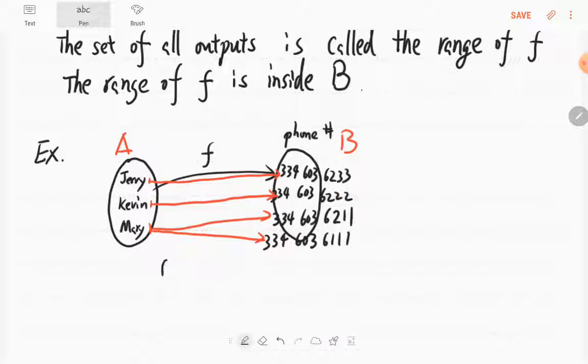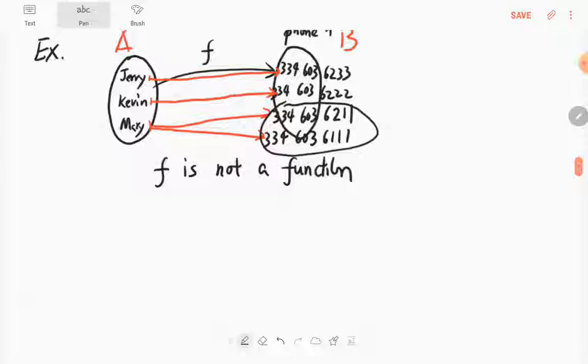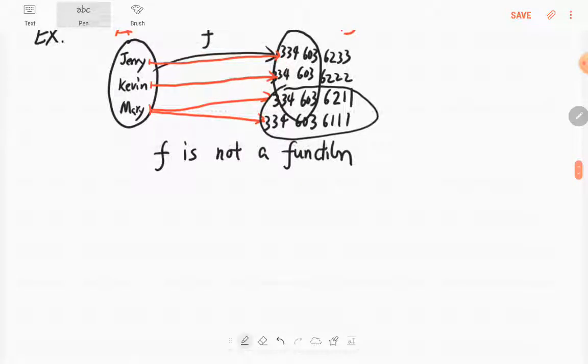So this f is not a function because it maps Mary to 2 elements in B. The function only maps 1 element to only 1 element, not 1 element to 2 or 3 or 4 and so on. So this is one example.